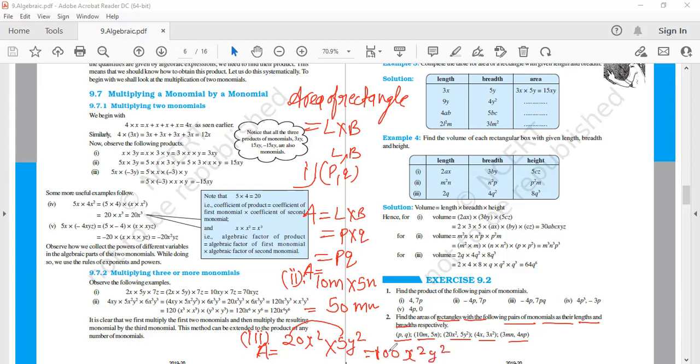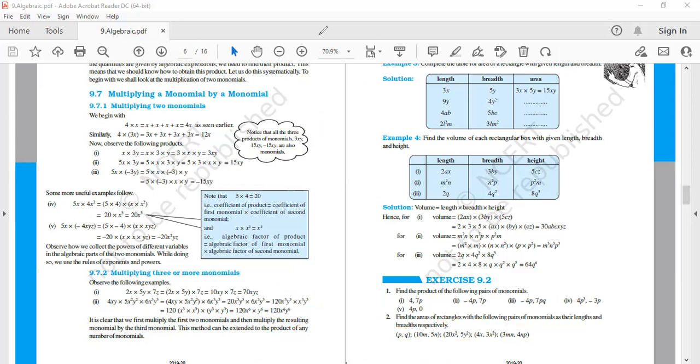So 25s are 100, and x square and y square. This is the area of the next rectangle. Similarly, you will do the fourth and fifth. So do the remaining part yourself.